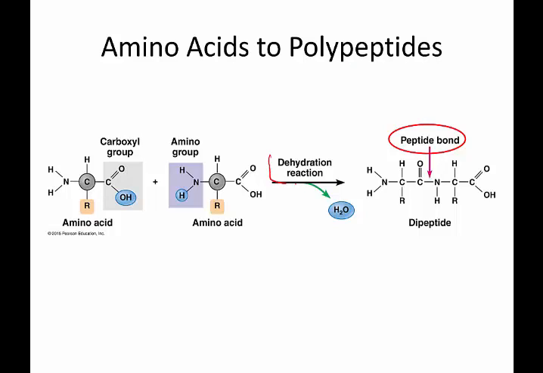So again, we have a dehydration or condensation reaction. That removes water. And what's left is this peptide bond. So C double bond O, and then NH to the right of that. So that is now a dipeptide. Again, di meaning 2. So we formed a dipeptide by bonding together 2 amino acids.